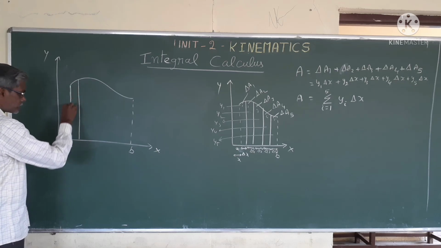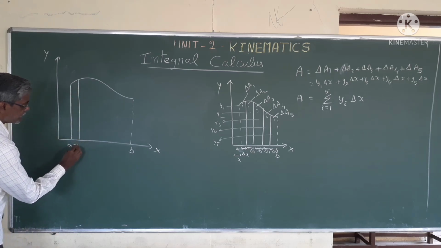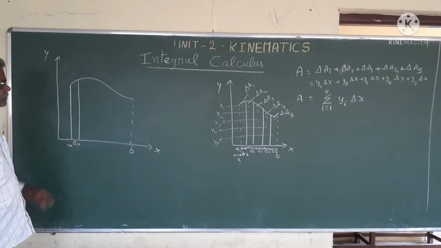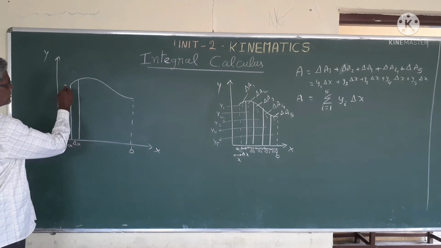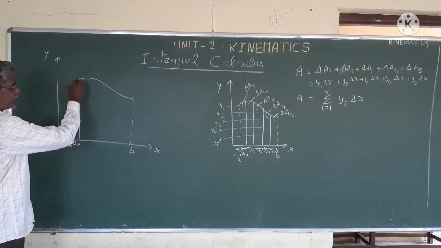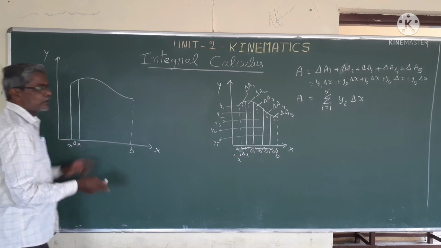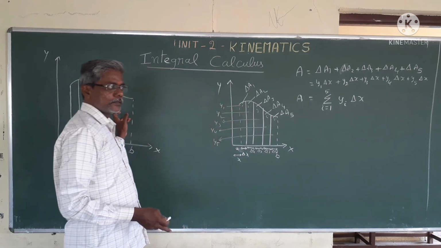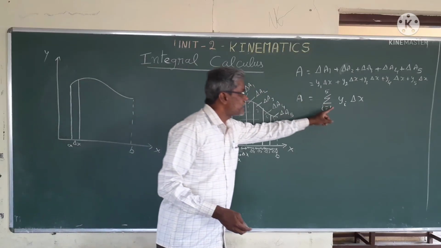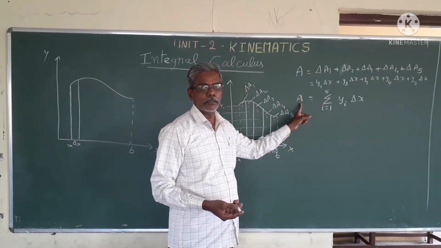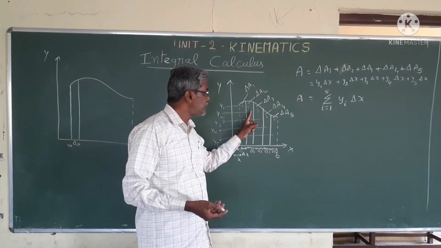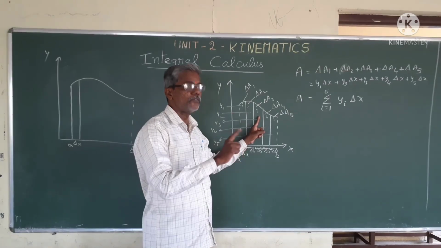Now see, the width is delta x for B, but look at the length. Is this length equal to this length? No, this length is greater. Here also it is the same. Then how will this area be accurate? Because the length of each strip varies.